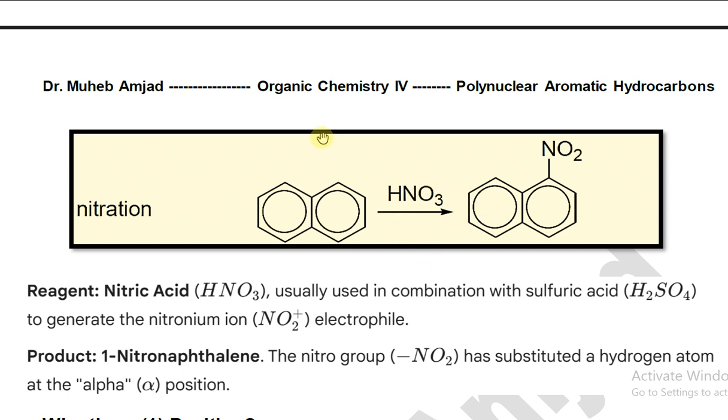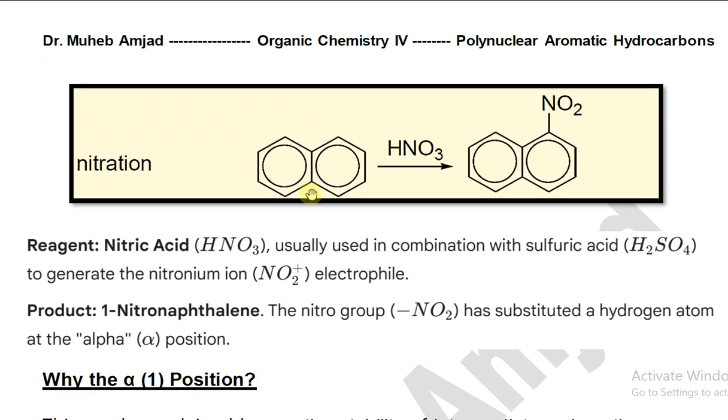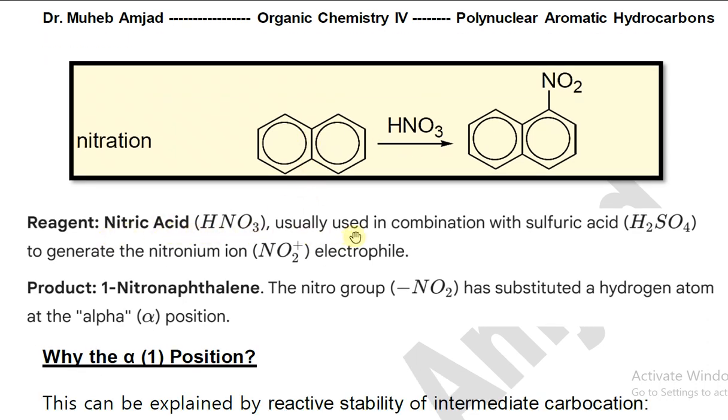The reagent here is nitric acid, usually used in combination with sulfuric acid, HNO3 and H2SO4, to generate the nitronium ion. This will be the electrophile. One of the aromatic rings will attack the electrophile. The product will be 1-nitronaphthalene, alpha-nitronaphthalene, with the nitro group at the alpha position.